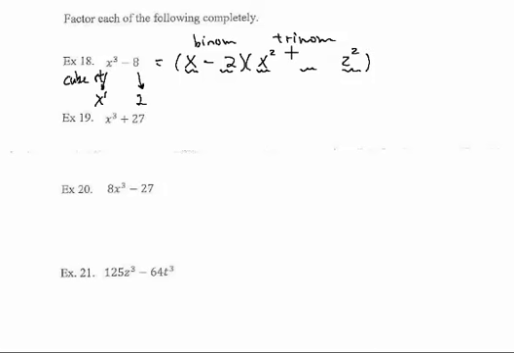The middle term of the trinomial is the product of the two cube roots. The third sign is different from the first one. These two signs are always different, and the last sign is always a plus.